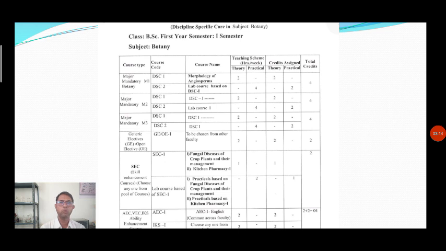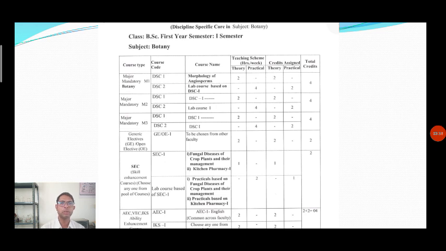Now along with this generic or open elective, there is another subject to be selected by the student, that is the SEC, skill enhancement course. In this skill enhancement course, the student has to select any one of the given subjects.